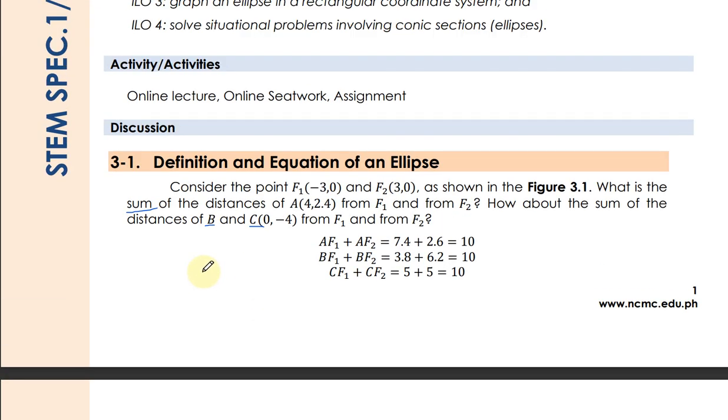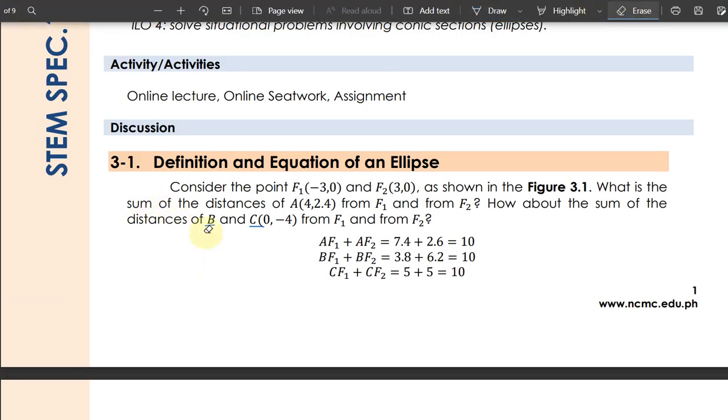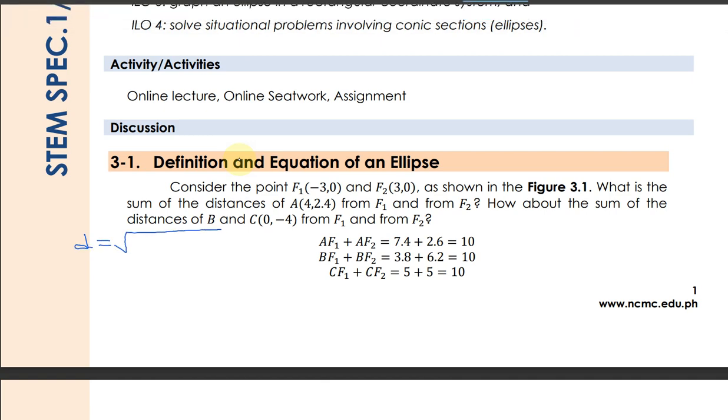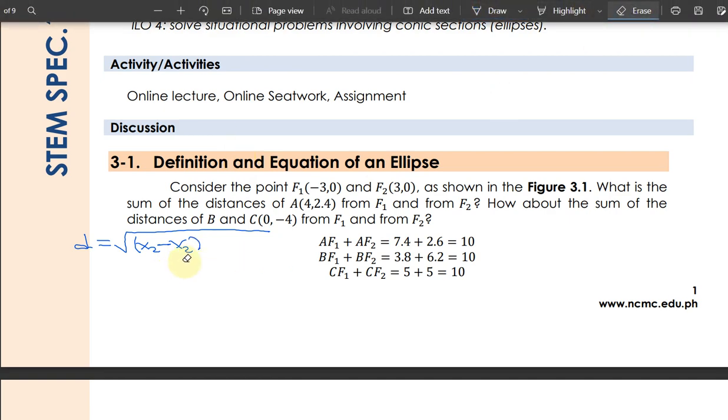So recall the distance formula. Distance formula is D is equal to the square root of x sub 2 minus x sub 1, squared, plus y sub 2 minus y sub 1, squared.